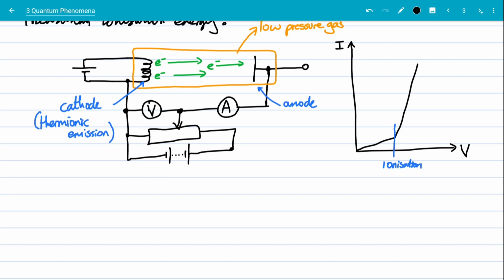And how do you calculate the ionization energy then? Well, the ionization energy is the charge of the electron multiplied by that potential difference the electrons are being accelerated across. Remember, the definition of potential difference is the amount of work done per unit charge that's moving across that potential difference. So the work done on that charge, well, the charge is the charge of the electron.